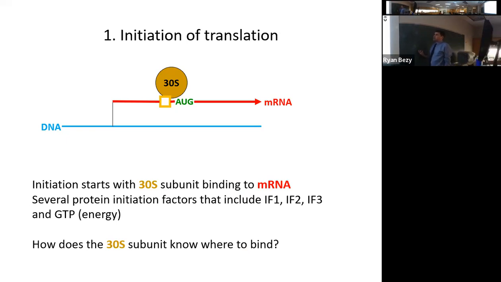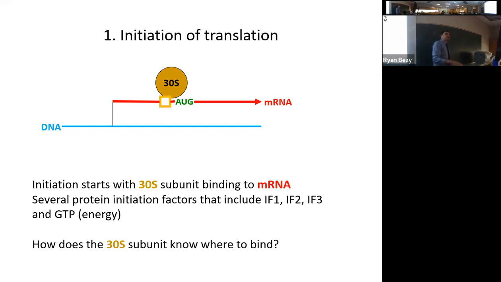The 30S subunit is going to bind to the messenger RNA at the beginning of the coding sequence. And there are going to be several enzymes called initiation factors: initiation factor 1, 2, and 3, IF1, IF2, IF3. It's going to use some energy in the form of GTP to help make sure that it gets all loaded in on the right spot.